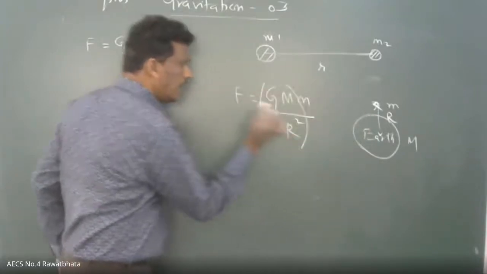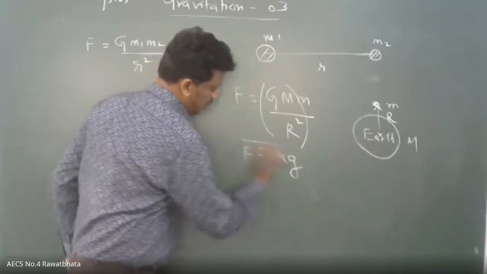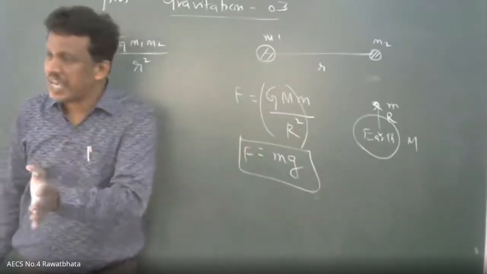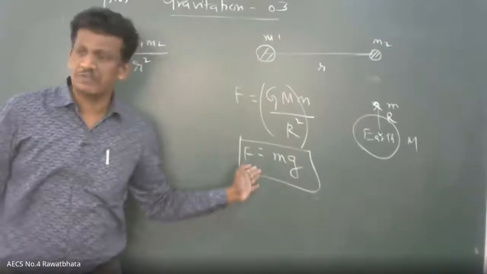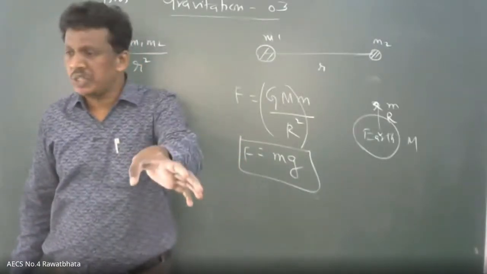What is GM by R square? Small g. So it becomes mg. So what is weight? Weight is nothing but gravitational force. Which one is exerting gravitational force on you?